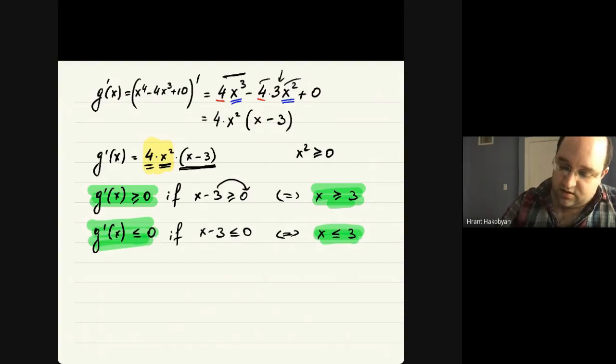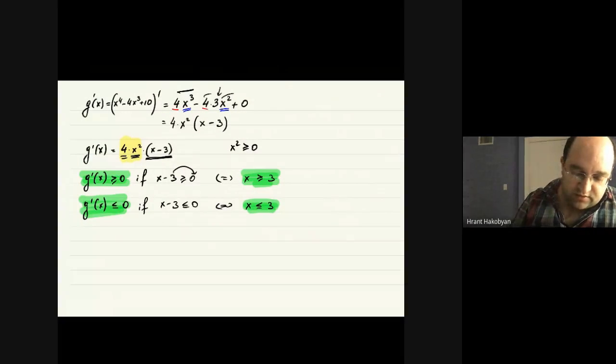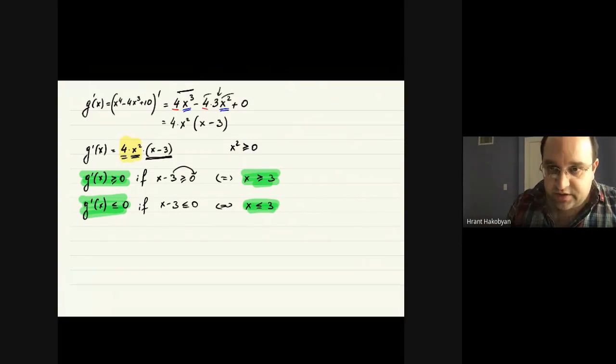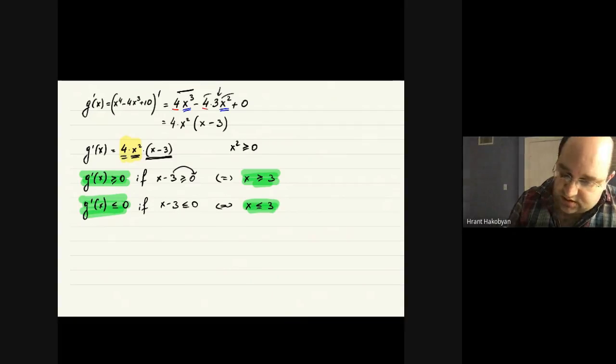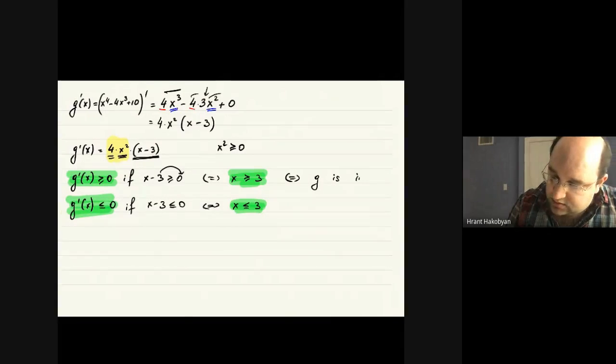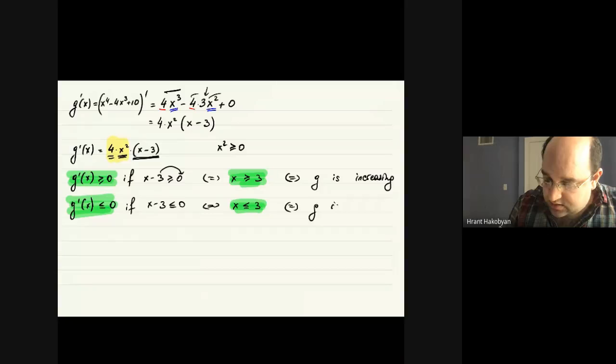So what is the meaning of derivative greater than 0? That means it's increasing. So this is the same thing as saying g is increasing, and this is that g is decreasing.